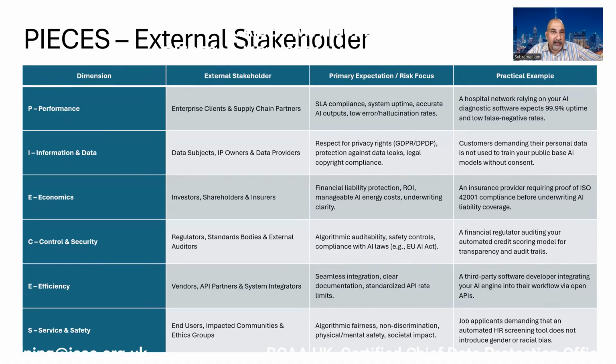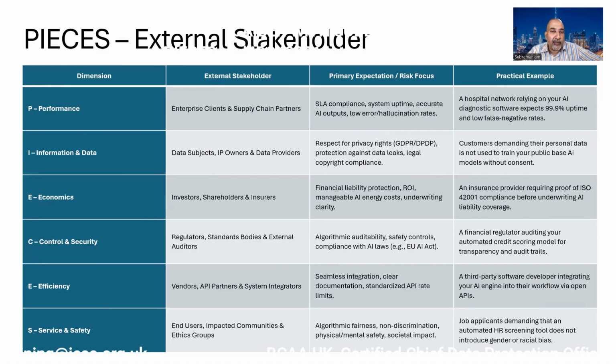Control and security: regulators. The European Union AI Act is anyway live. The South Korean AI Basic Law is live; they had given a time for implementation until 21st of January 2027, and after that it will also go live. Efficiency: vendors, API partners, system integrators, etc. Finally, service and safety: end users.